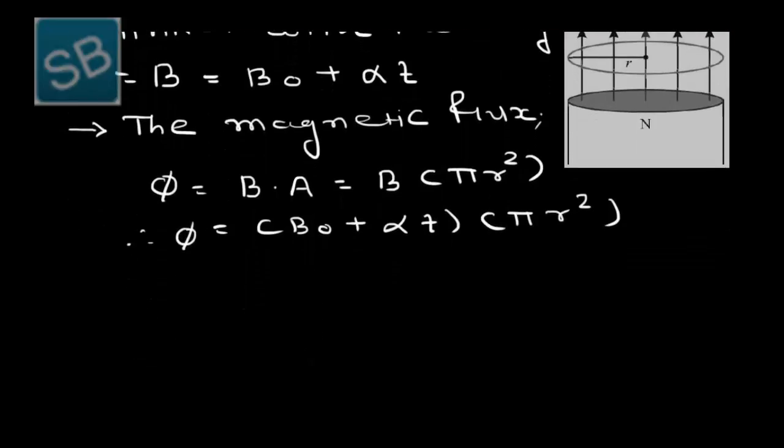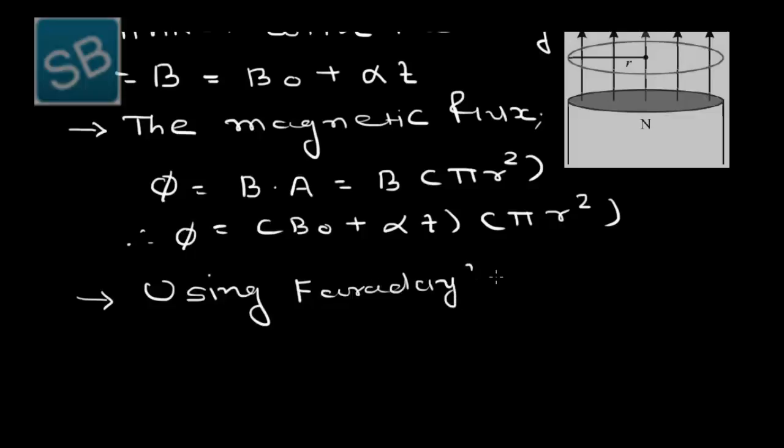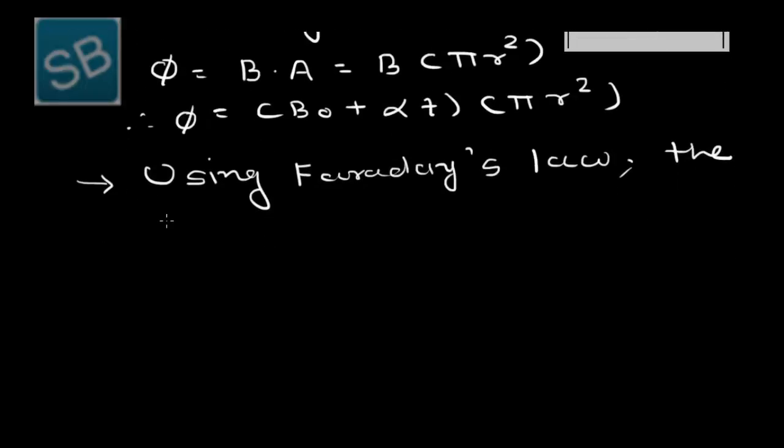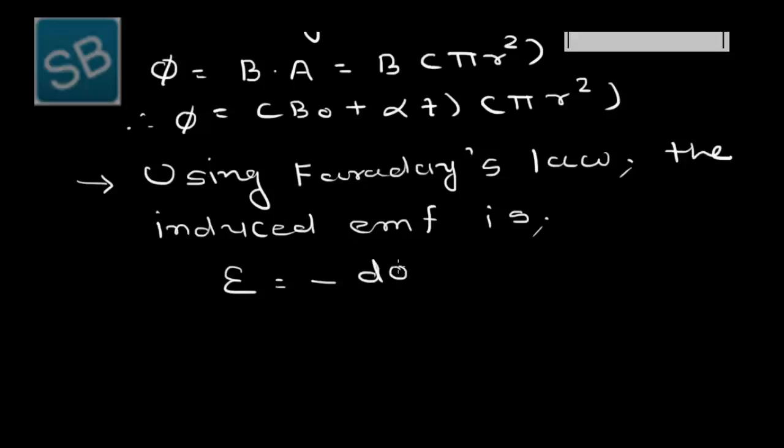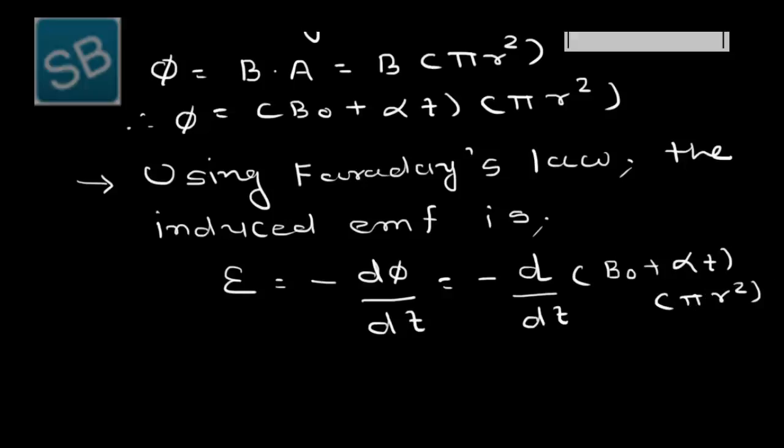Now, according to Faraday's law, the EMF produced can be written as epsilon is equal to minus d phi over dt, which is equal to minus d by dt of B0 plus alpha t into pi r square.